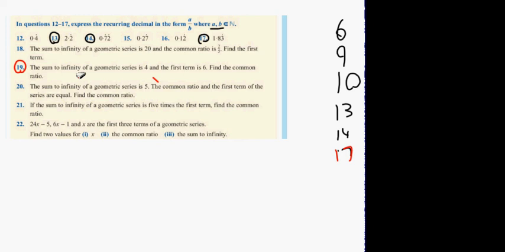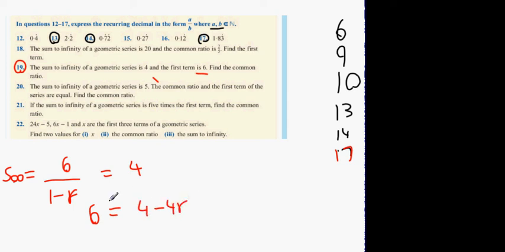Okay, so question 19. The sum to infinity of a geometric series is 4. So a over 1 minus r, which is the sum to infinity, equals 4. The first term is 6, so we can replace a with 6. Then we can cross multiply, we get 6 equals 4 minus 4r.